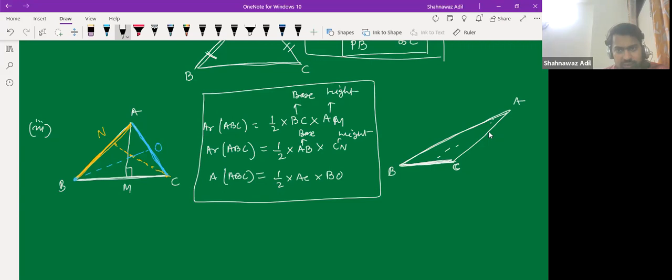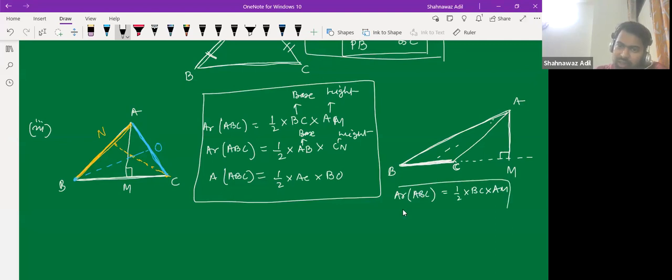We can draw it, but can we draw it on BC? No, so we have to extend this, and now we can draw. So this would be the height for this triangle ABC. So area of ABC would be half BC into AM. These are the crucial things which are important.